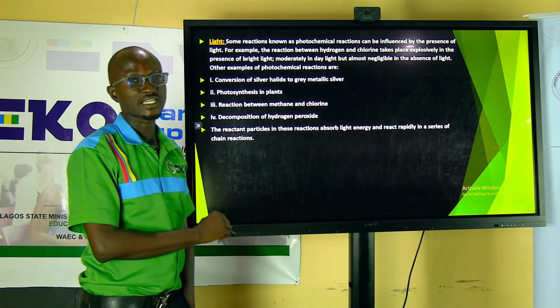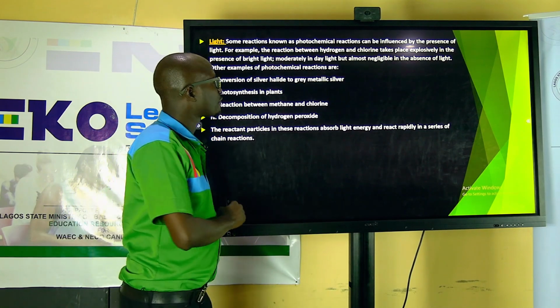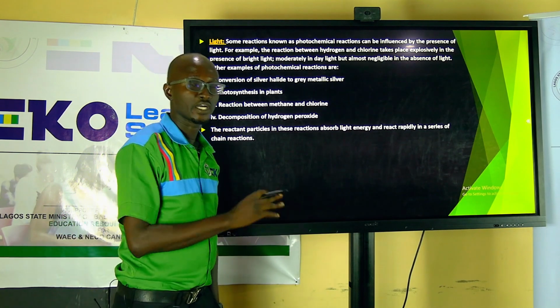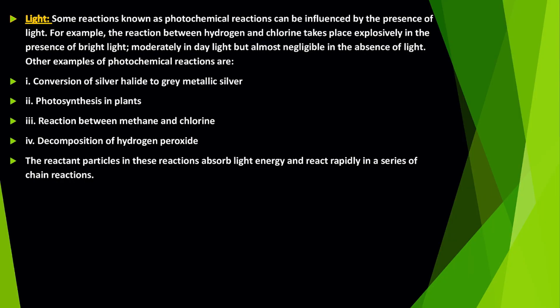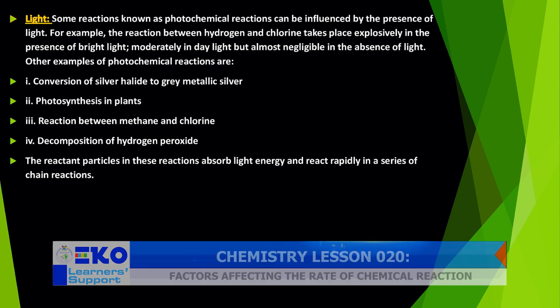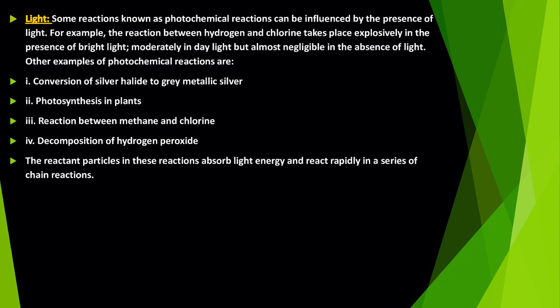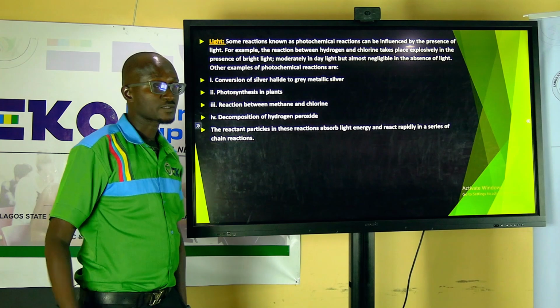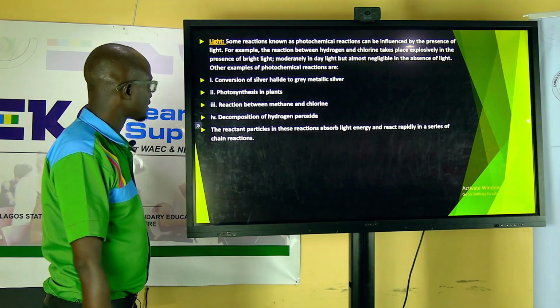Light: reactions that are influenced by light are referred to as photochemical reactions. Examples are these. Photosynthesis is a very common one, which I know many students know from their biology. So without light, the light part of photosynthesis cannot take place.